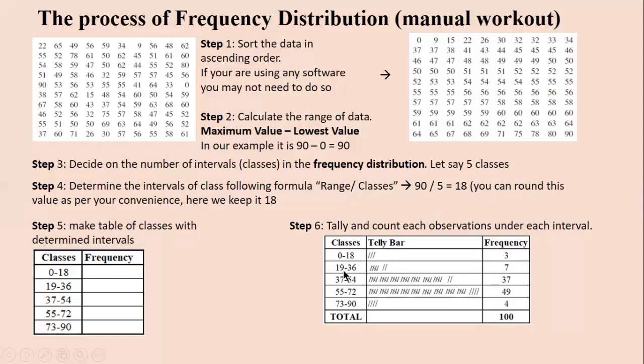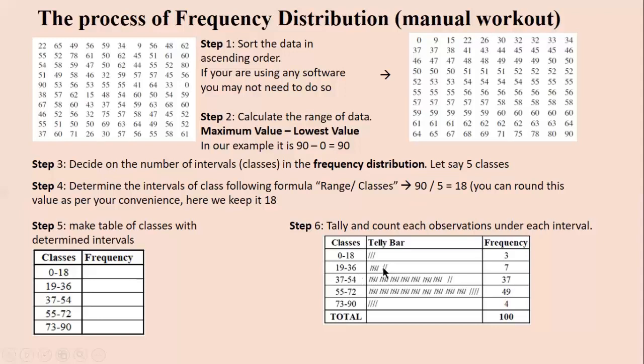Similarly, if we go to the next class or next interval, that is from 19 to 36, here we start to count from 22. So from 22 up to 36 is the maximum value. Here we see that 37 is coming after that, so 37 is not in this class. So I'll be taking these values 1, 2, 3, 4, 5, 6, and 7.